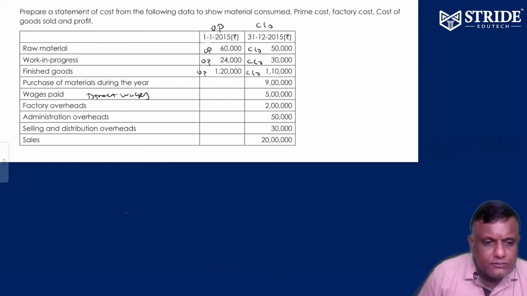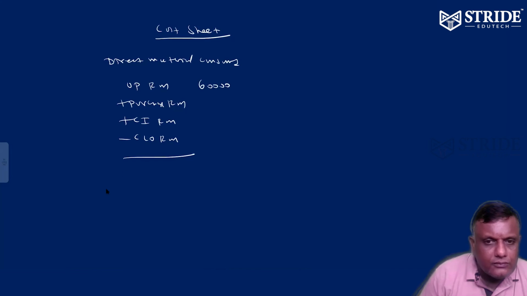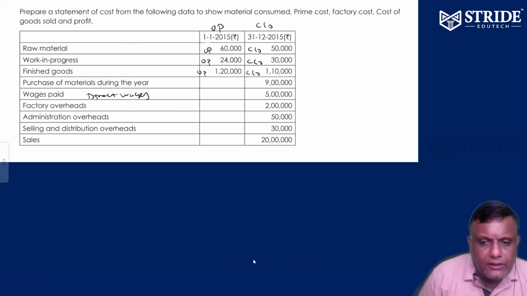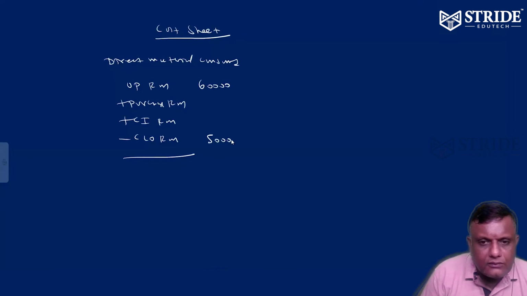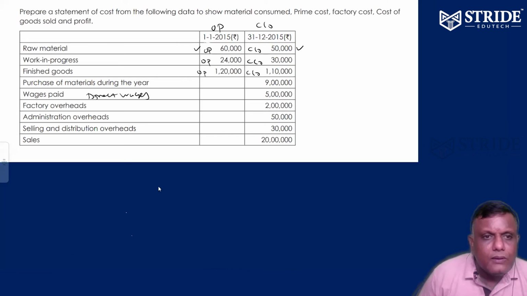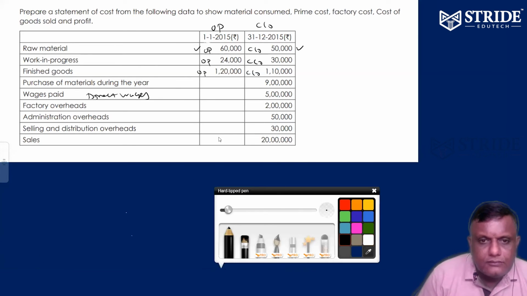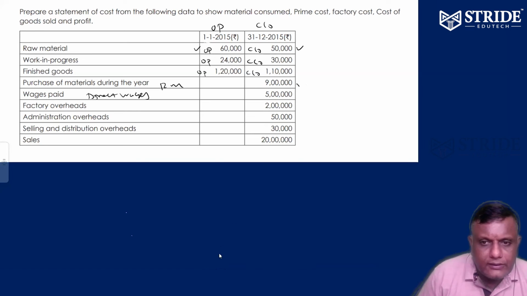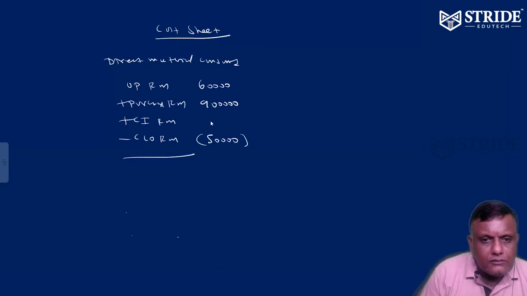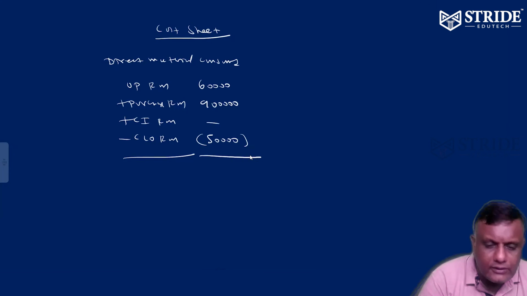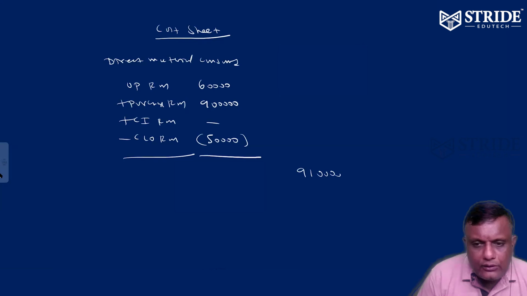Opening raw material 60,000, closing raw material 50,000, purchased raw material 9 lakhs. Carriage is not given. So 60,000 plus 9 lakhs minus 50,000.